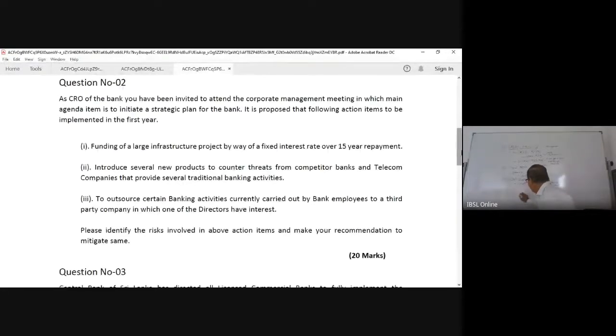It's called related party transaction. And related party is one of your directors, that comes under corporate governance.